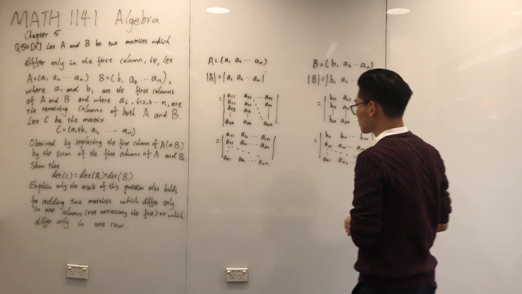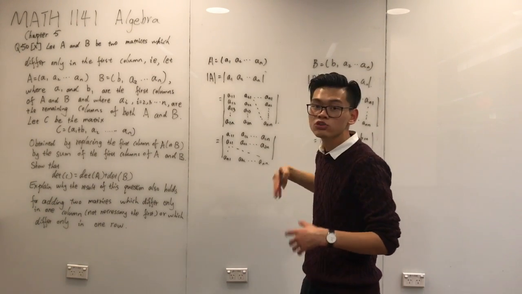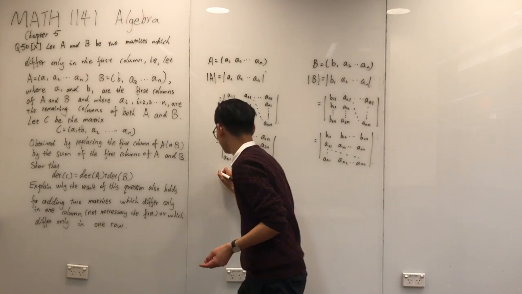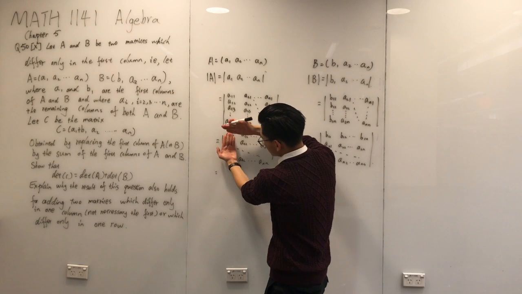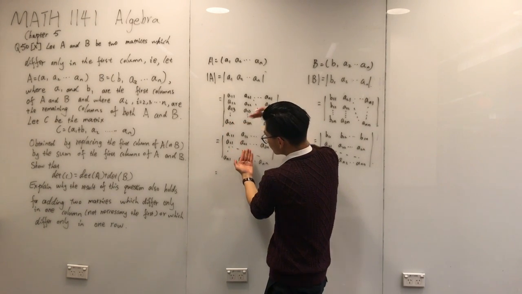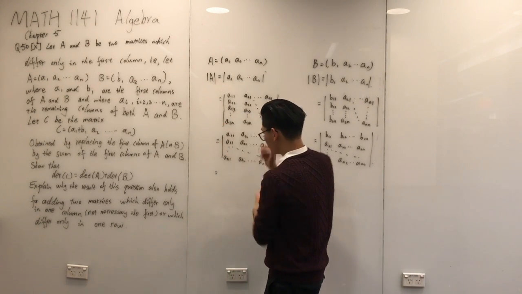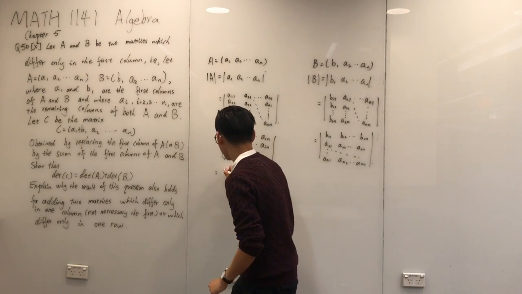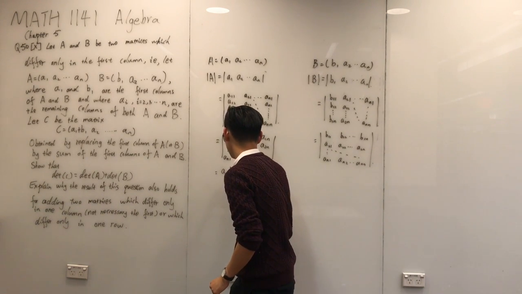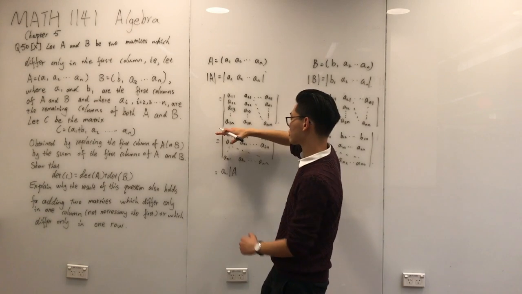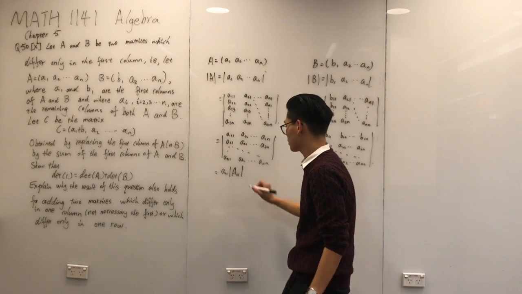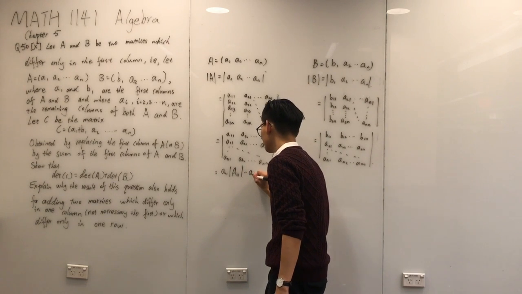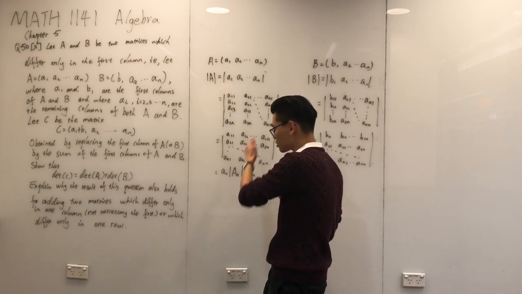Right? Now we can start to calculate the determinant. It is going to be A11 multiplied by the determinant of the rest, A12 multiplied by the determinant of the rest, and so on, right? So A11 multiplied by the determinant with no first row, first column, right? Minus A12, because plus and minus alternate, right?